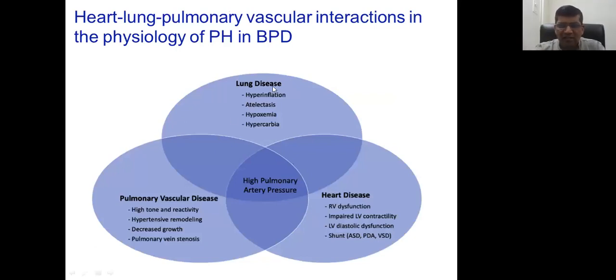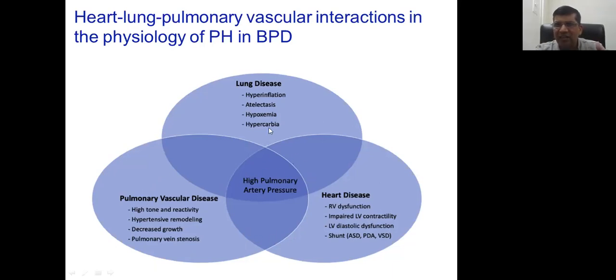I mentioned to you that there is a lung disease, where we know that there is hyperinflation or underinflation. There is pulmonary vascular disease in some cases because of issues related to growth, muscularization, or decreased blood flow with vein stenosis, and associated heart disease in the form of right side dysfunction leading to left side dysfunction.